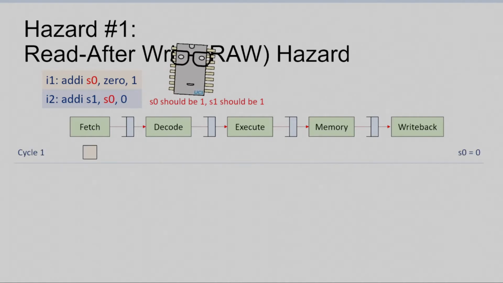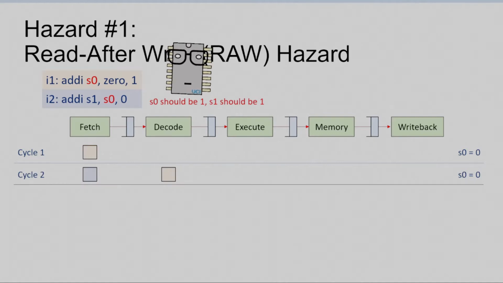At the very first cycle, instruction 1 is being processed by the fetch stage, and what the fetch stage does is send out a memory request to the instruction memory, to the program. At the second cycle, the memory read request has come back, and the decode stage has decoded the encoded instruction. It knows what kind of instruction it is now.